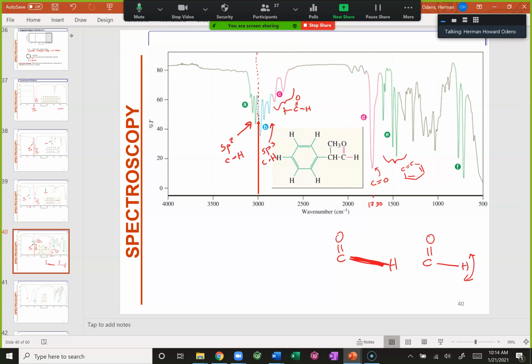And so if I have a benzene ring, I expect to have what? They go together. A CH bend. And that bend is going to be like this movement, that rocking movement going forward and backwards. Like flapping. Like a bird flapping its wings.